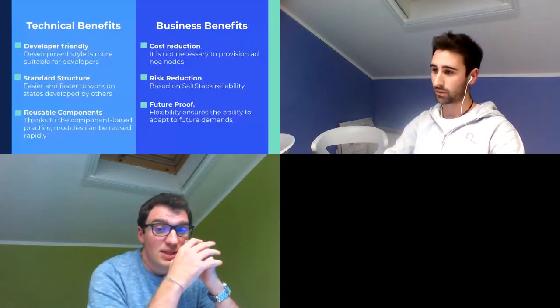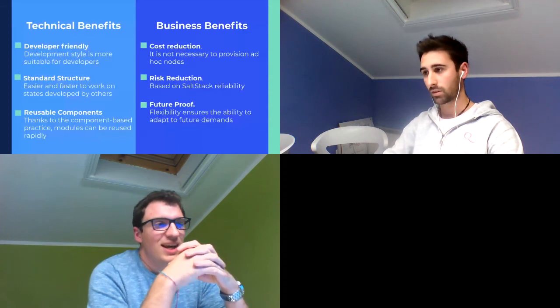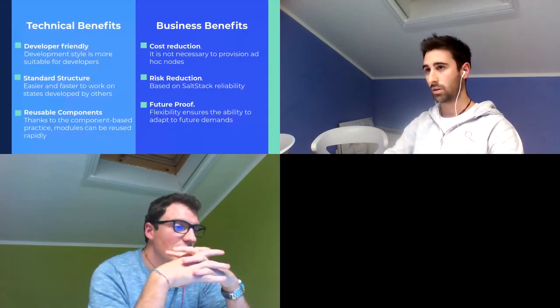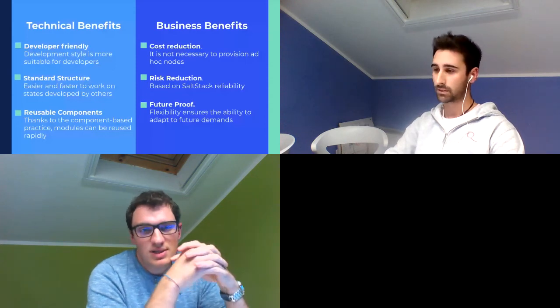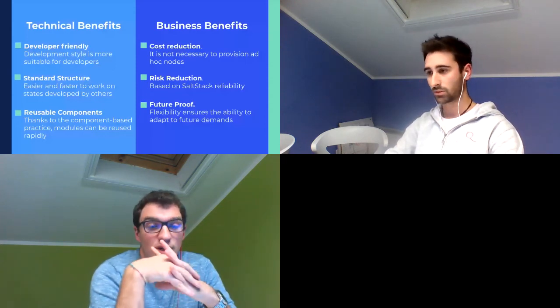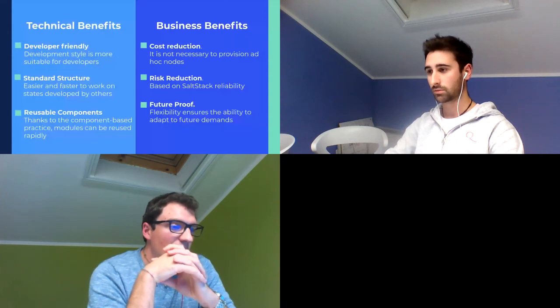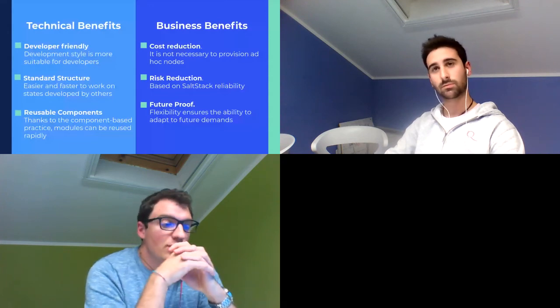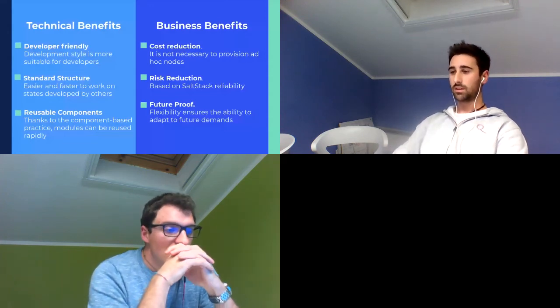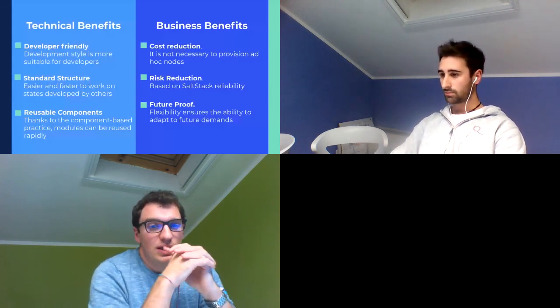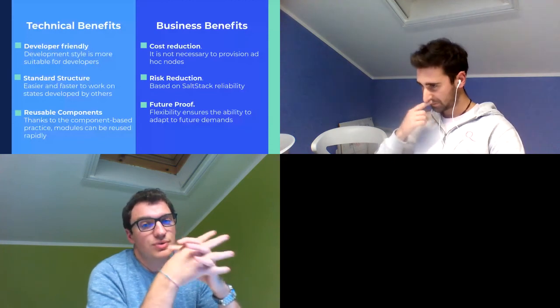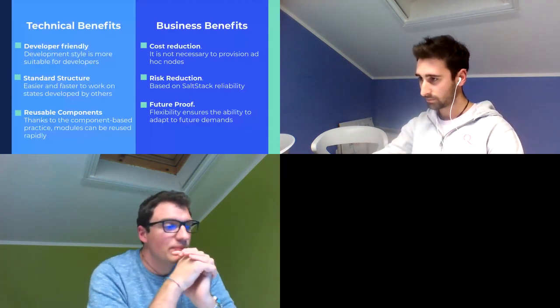Basically, SaltStack is really reliable, so you can ensure that by adopting it and using it to automate a process like the alignment process, you are reducing human error. And finally, as we saw in the demo in the previous slides, SaltStack is really flexible, so you can be sure that you will meet all your future requirements and demands.